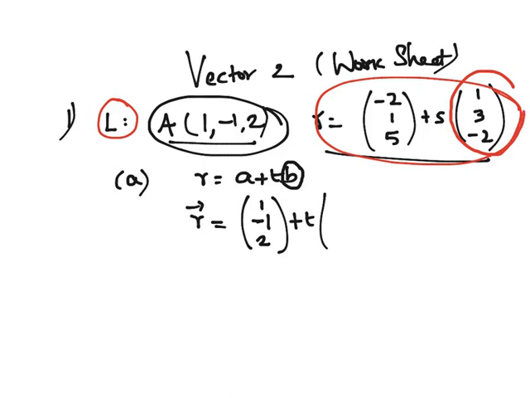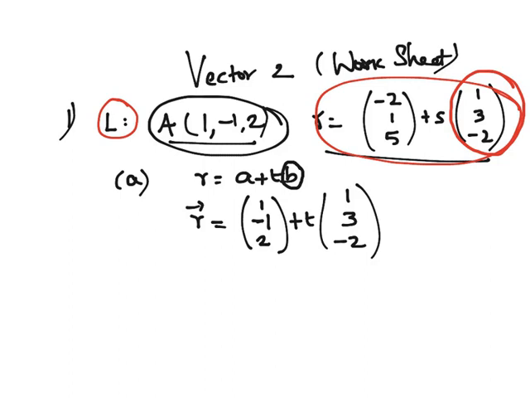This is the direction vector for the second line, and I can use the same vector as the direction vector for line L also. So I will write 1, 3, minus 2 here. So this is the equation of line L.